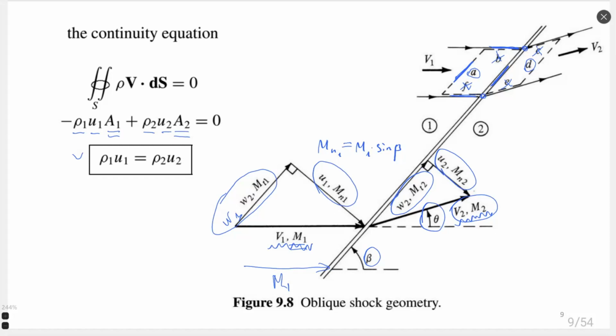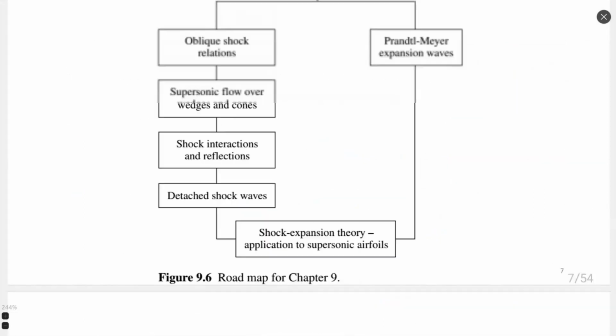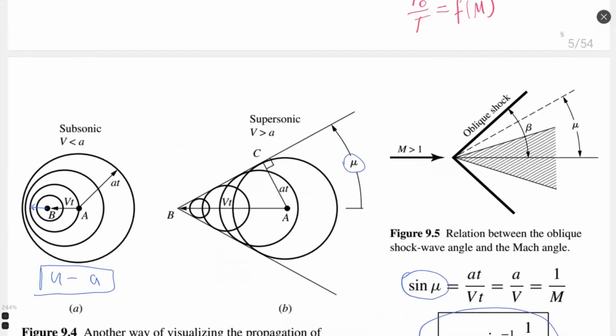So between these two vectors of the flow, we have our angle theta. We are lucky in the case of an oblique shock wave that theta is always known.